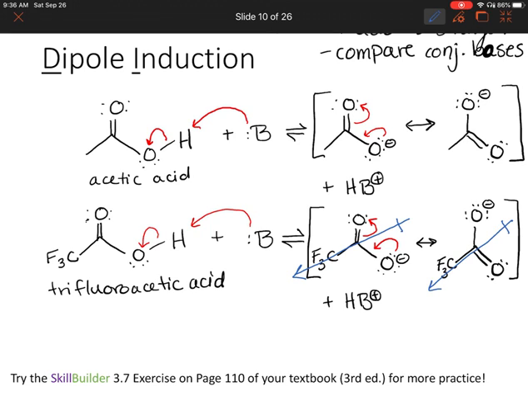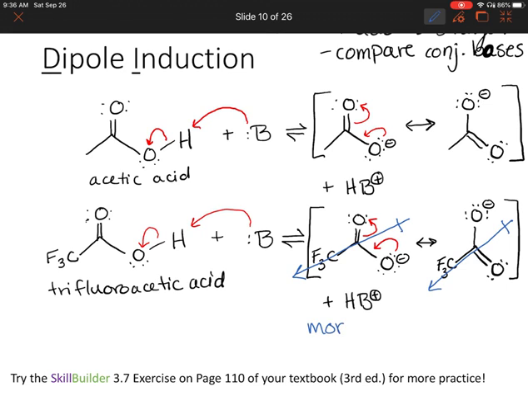And it's the same thing with dipole induction. So those fluorine atoms are kind of pulling electron density towards them and away from oxygen. So that negative charge is getting kind of pulled away from oxygen a little bit, right? And that's going to stabilize the molecule overall.